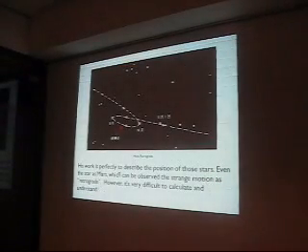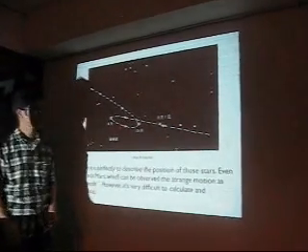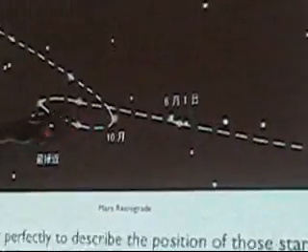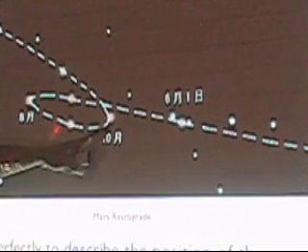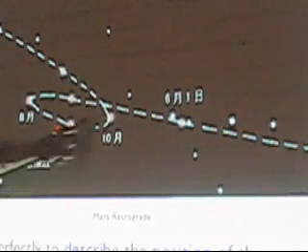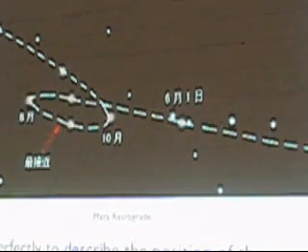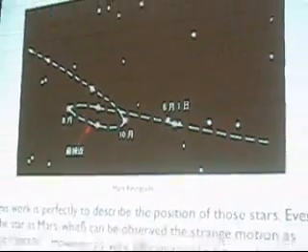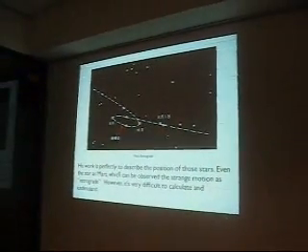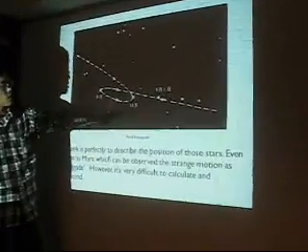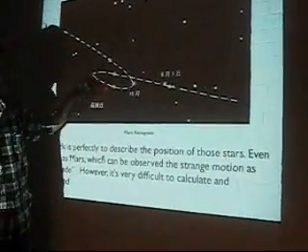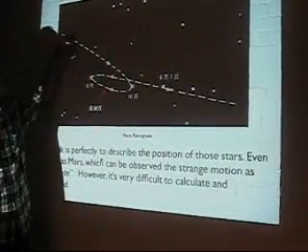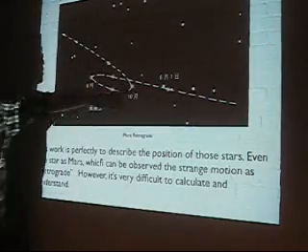If you look at Mars, it's here on June 1st, July 1st, August, September, October, December, and January. And you will see it's very strange.